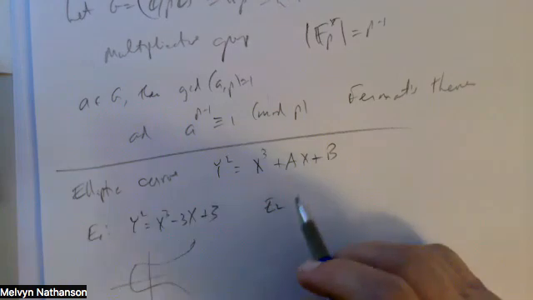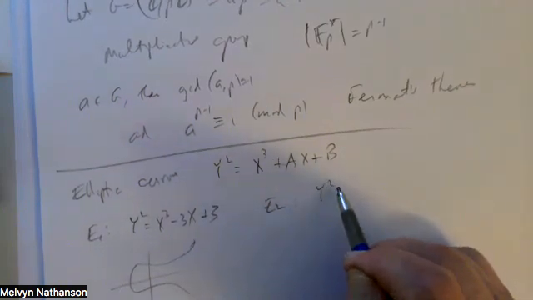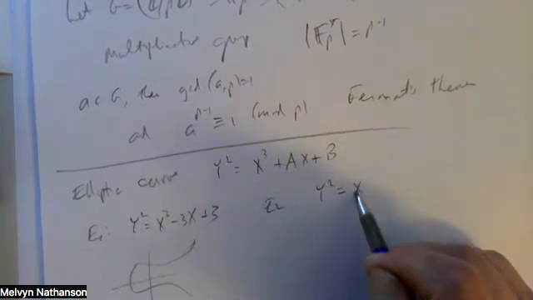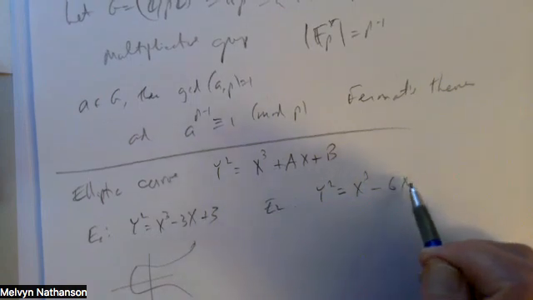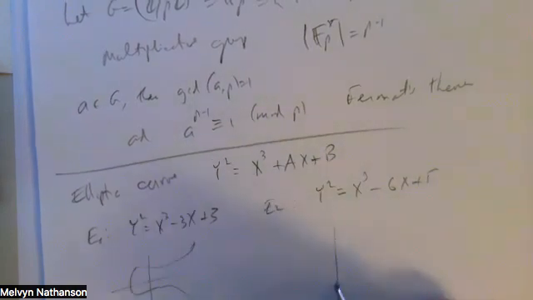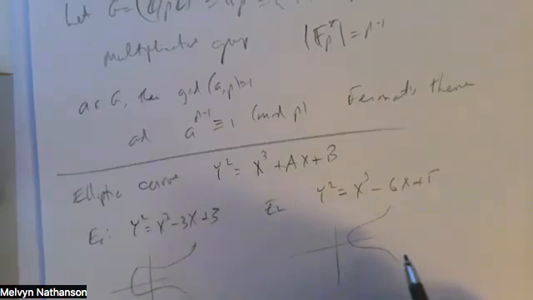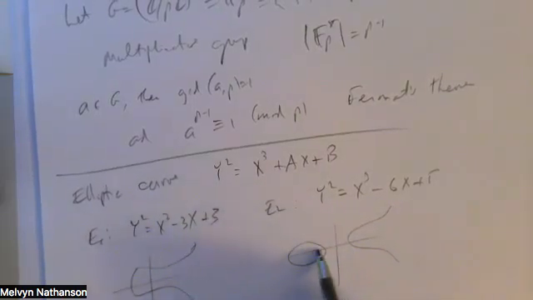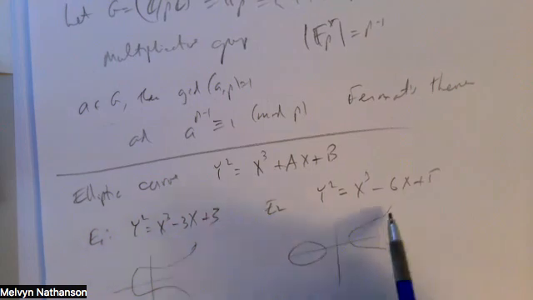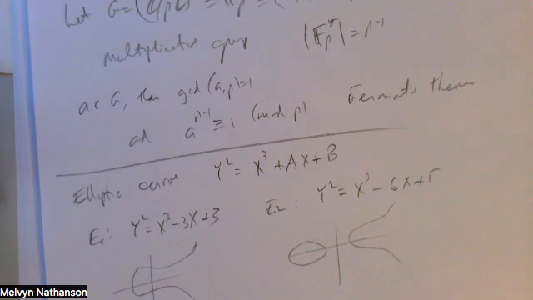If we take the elliptic curve y squared equals x cubed minus 6x plus 5, that's an elliptic curve which looks like that and this. So there's a sort of a finite piece and an infinite piece for this elliptic curve.